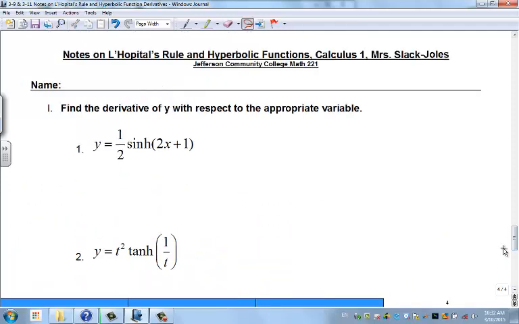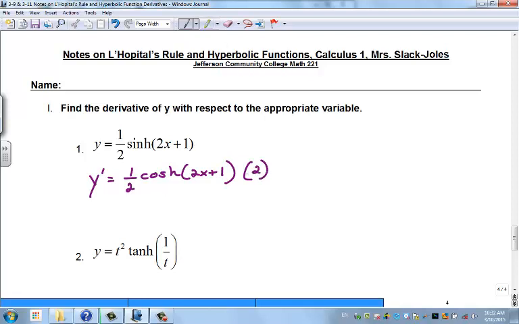This should be fine. So the derivative of sinh of something is cosh of that same thing, and then you have to take the derivative of the inside. So y prime here is equal to 1/2 cosh of 2x plus 1. Remember, you never change the inside. And then multiply by the derivative of the inside, which is 2.